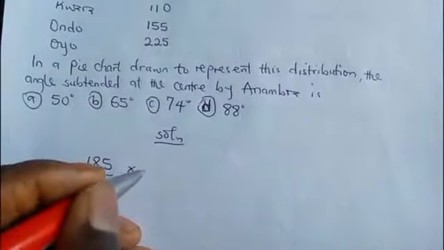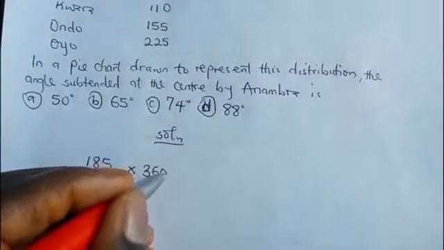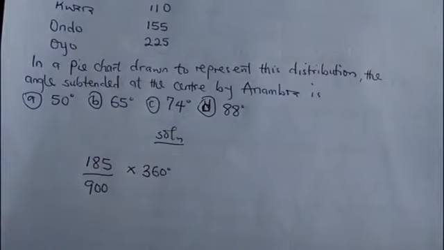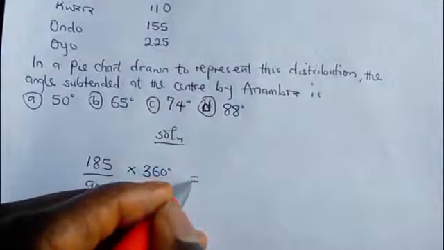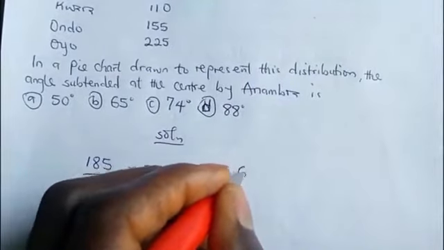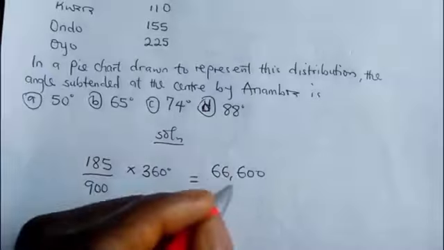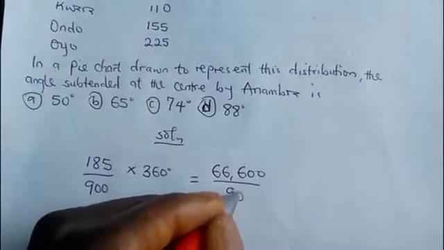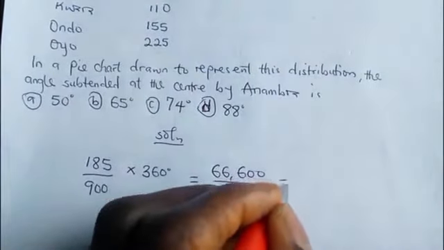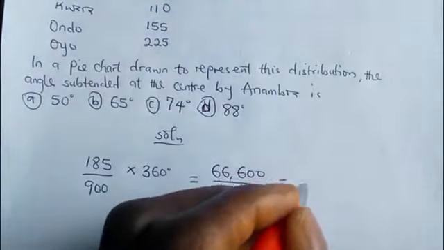Then we'll multiply it by 360 degrees. Whatever value we get from this will be the subtended angle for Anambra. This is equal to 185 multiplied by 360. We have 66,600. Dividing this by 900, the result is 74 degrees, corresponding with option C.